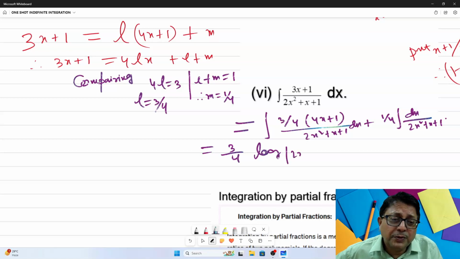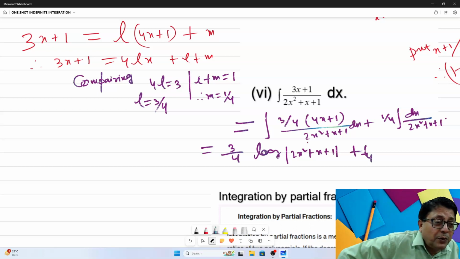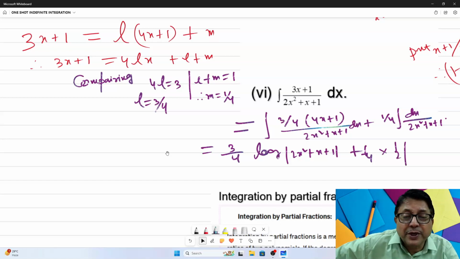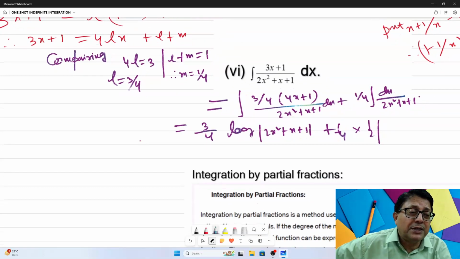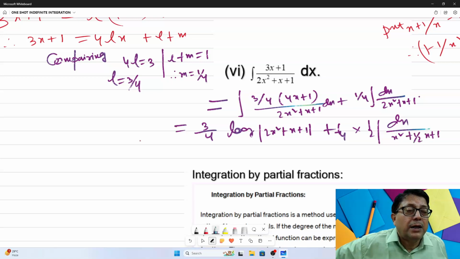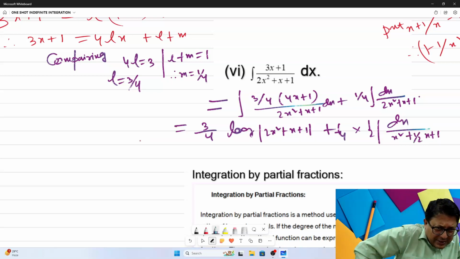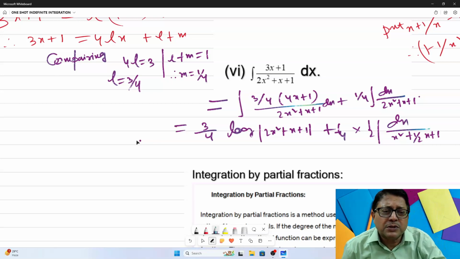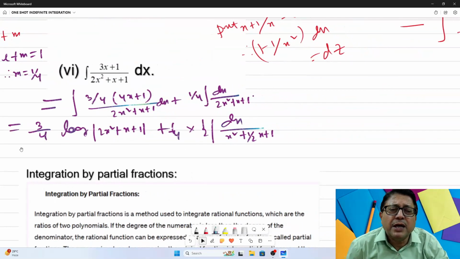So log of 2x square plus x plus 1 plus 1 by 4, this you need to change into standard integral. Make coefficient of x square 1 by normal method. It is dx by x square plus half x plus half. Can we convert this one to standard integral form? Of course we can convert. Let's see how to convert it.